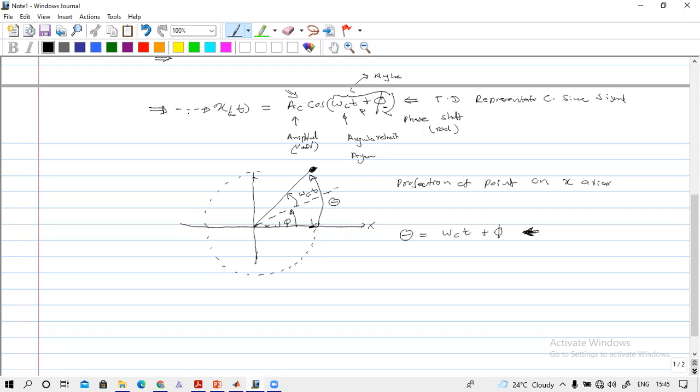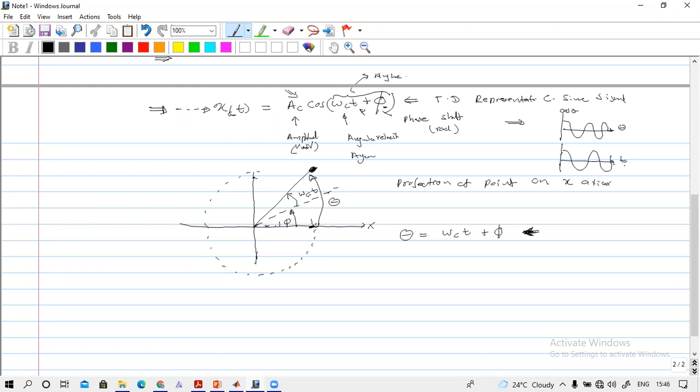So if I explain it further, you know that the cos signal is like this. If we plot the cos signal with respect to theta, it will look like this. This is the cos wave. Now if we write it with respect to time t, we also get the same values here, like this.